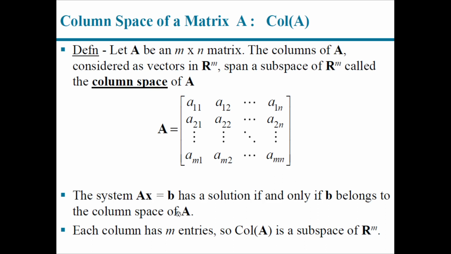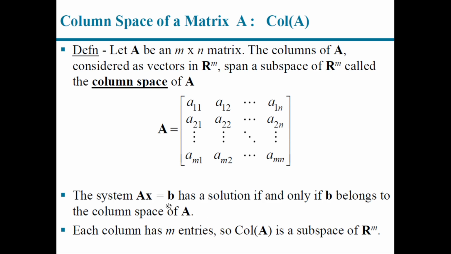An interesting thing is we have been solving Ax equals b for a while now, and now that we have a definition of the column space of A, this means that the system Ax equals b has a solution, one or infinitely many, if and only if b is a linear combination of the columns of A. So b belongs to the column space of A. In that case, the system will have a solution.